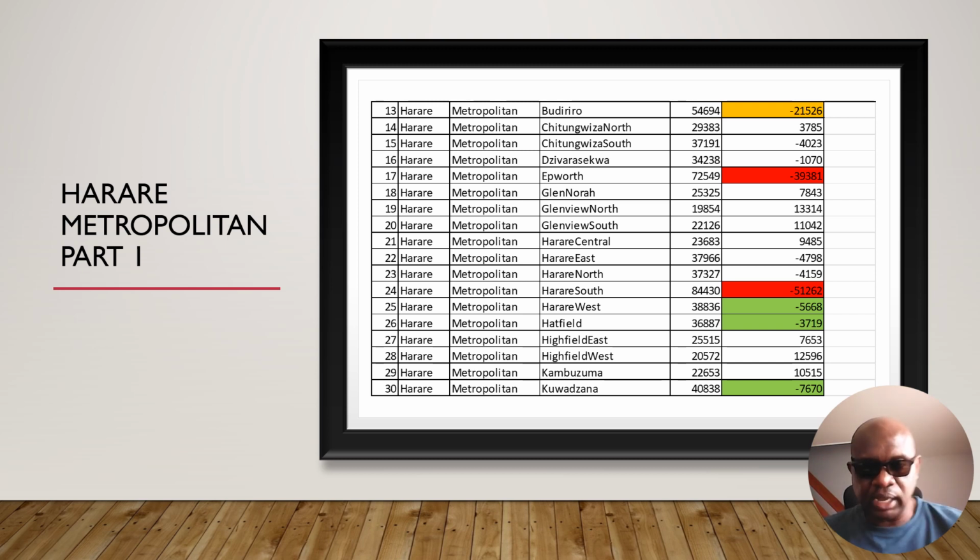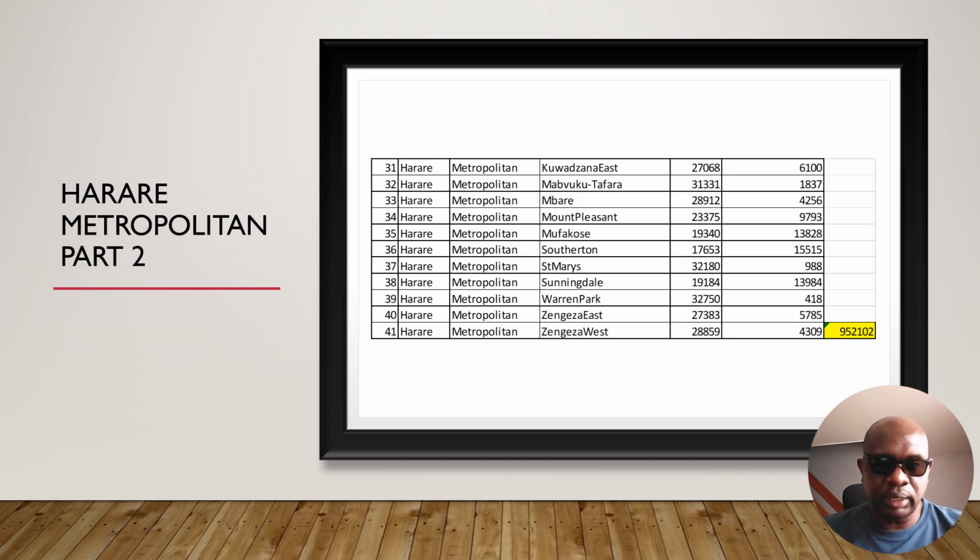But if it is in red, it means it is more than 27,000, so ZEC could have formed another constituency because of this population. That is Harare part 1. And Harare metropolitan part 2 seems to be clean because the population is quite well organized there.